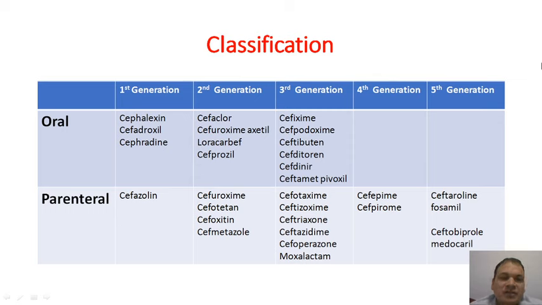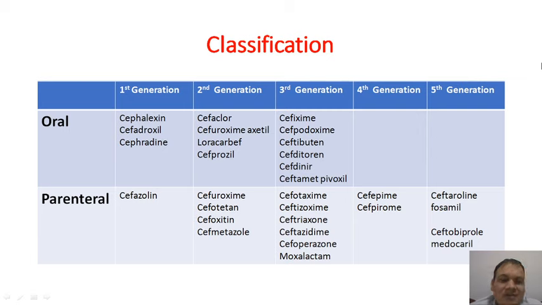And the third generation, as per their antibacterial spectrum is concerned, they are active against your gram-positive cocci, that is your staphylococci and streptococci. Then gram-negative cocci like your gonococcus. Then it is active against your gram-negative bacilli, as I told you, including the pseudomonas. And they are also active against the anaerobic organisms like the bacteroides.